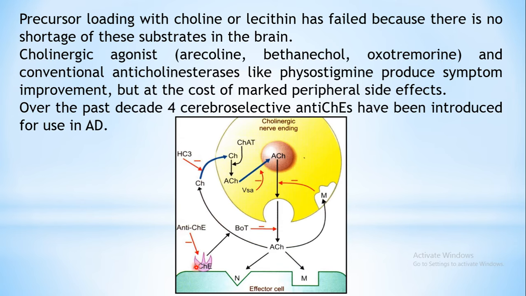With the help of water, it will split your acetylcholine into acetate and choline, that is CH. Acetate will further get metabolized into carbon dioxide and water, and this choline which is generated will be taken back by the neurons for the regeneration of fresh molecules of acetylcholine.